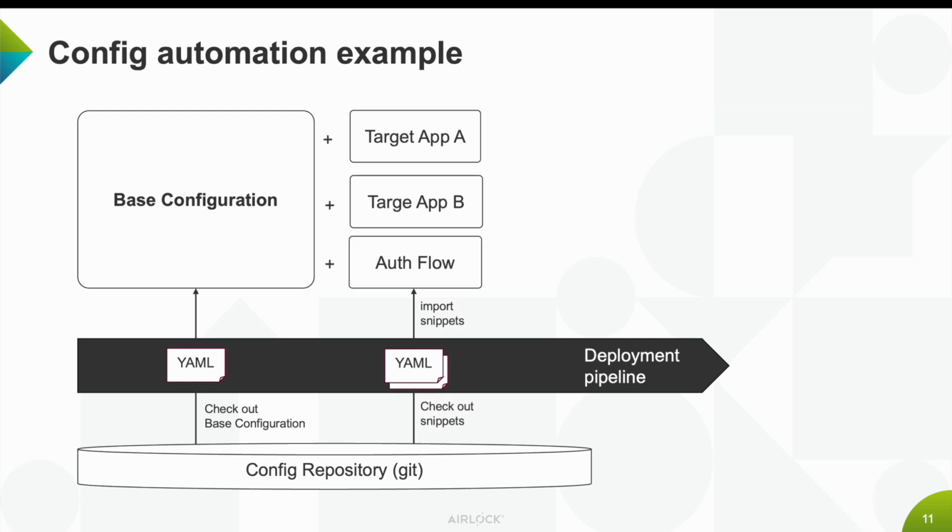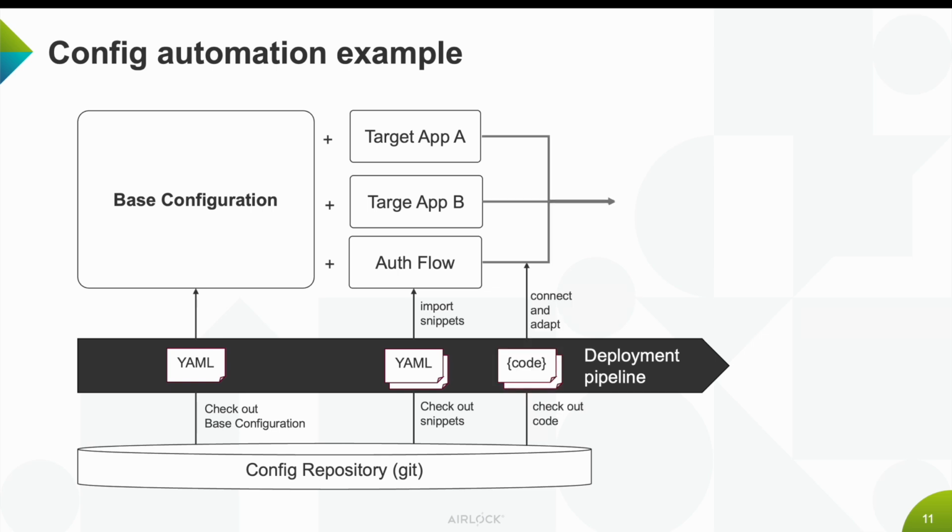Then you could, in the pipeline, check out some snippets to compose something that is close to your target configuration for the system being set up or being configured. In this example, these are two target applications and a snippet containing some auth flows.